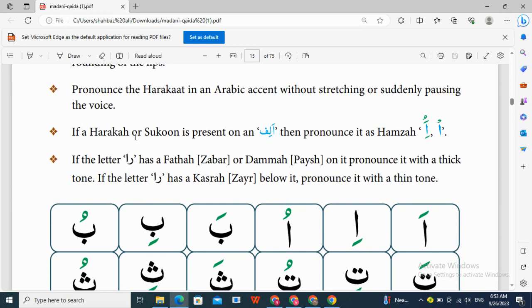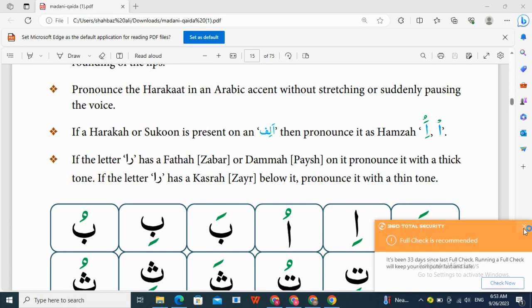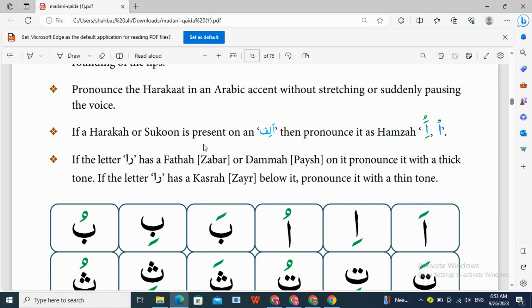If a haraka or sukoon is present on alif, then pronounce it as hamza. Don't read it as alif.